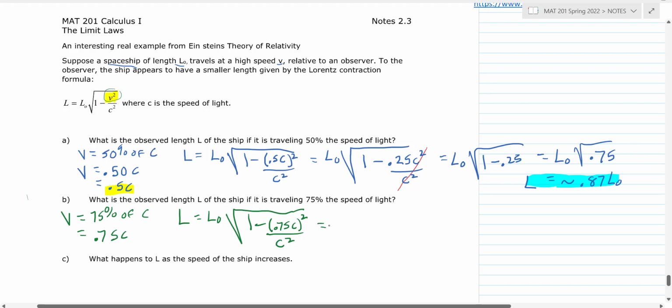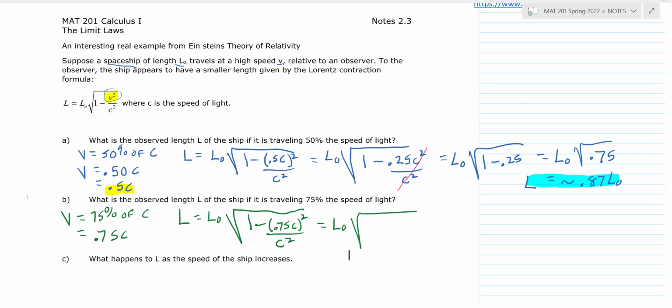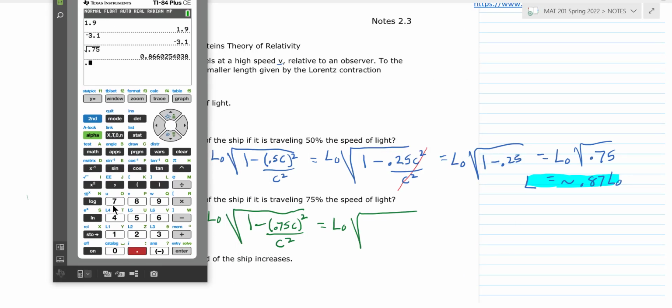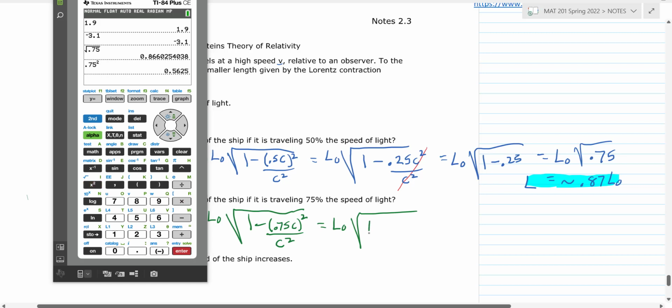Okay, now we're going to work this out. So we have L naught, and we'll need to use the calculator on this, see what we get. So we're going to take 0.75 squared, and that's going to give this amount. So we get 1 minus 0.5625 C squared over C squared. And what happens is that divides out.